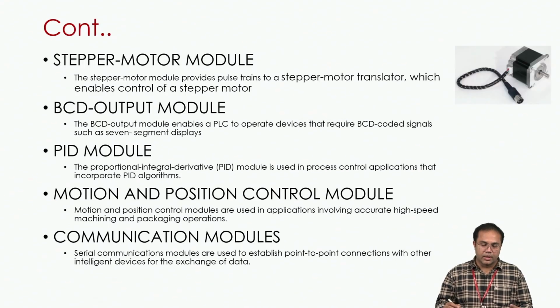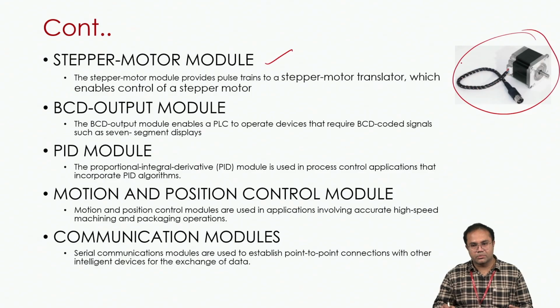Then moving on, we have a stepper module. If you have a stepper motor in your application and you want to run this motor, then we need the stepper motor module. Then the BCD output module, binary coded decimal output module, enables the PLC to operate devices that require BCD signals, like 7-segment displays.